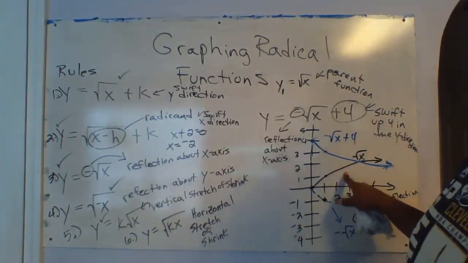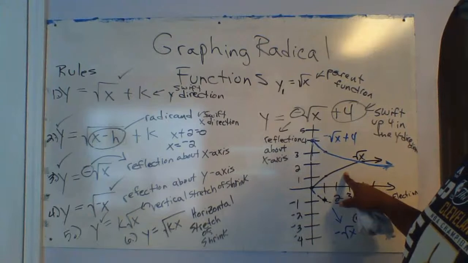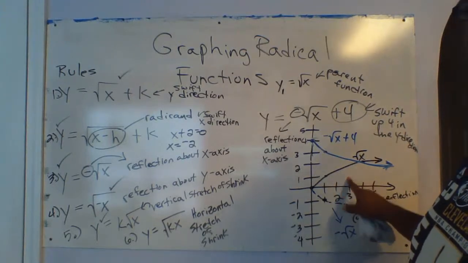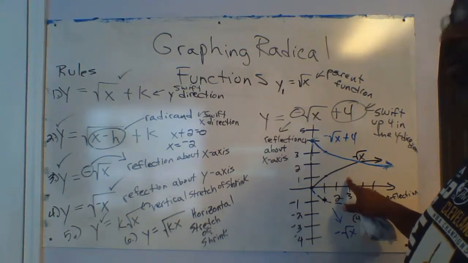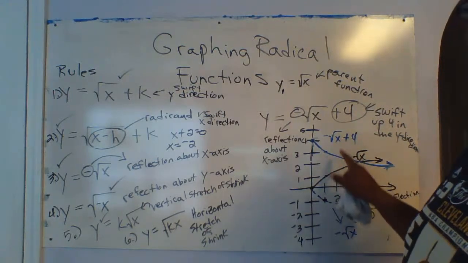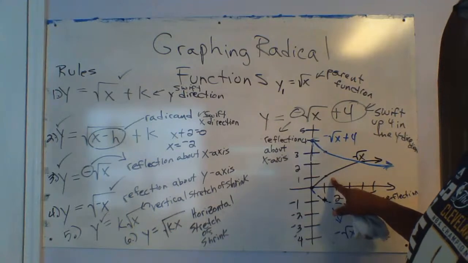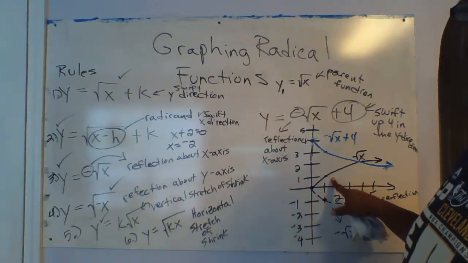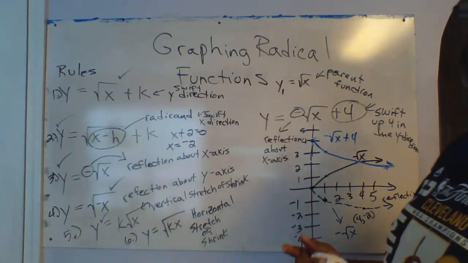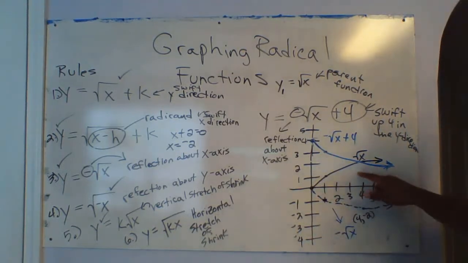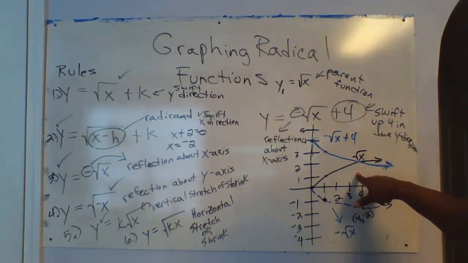I'm just graphing y1 to show you what the parent function looks like, and then these two are just the transformations. So no, you do not have to draw the parent function, but you need to know where the parent function starts from. I was just showing you. That's why I wrote the parent function each time.